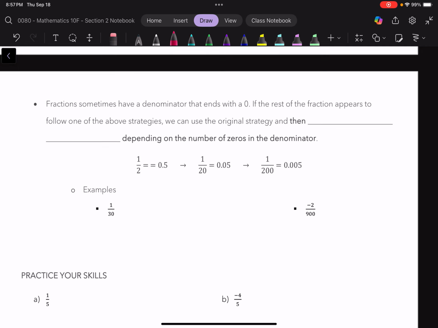And then what I'll do to my final answer is shift the decimal depending on the number of zeros in the denominator that I had originally ignored. Now that might sound quite confusing, so let's break it down a little bit.